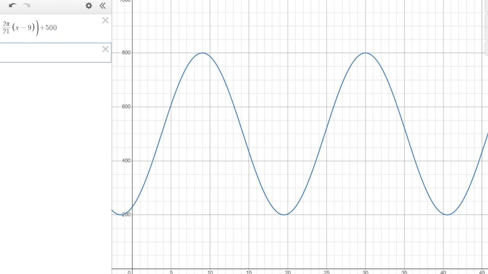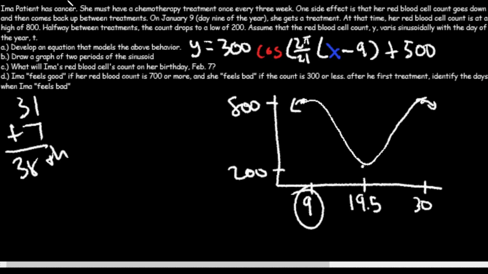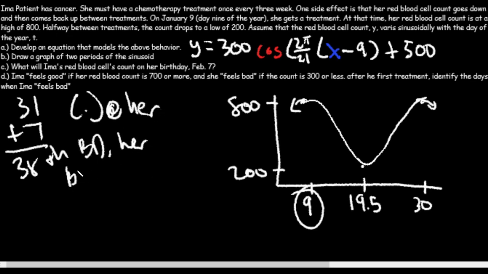The time would be on the x-axis, so x equals 38 right here. So on her birthday, her blood cell count will be 280. It wouldn't really be 0.084 because you can't have 0.084 blood cells, since blood cells are a counted thing. So for C, on her birthday, her blood cell count will be 280.